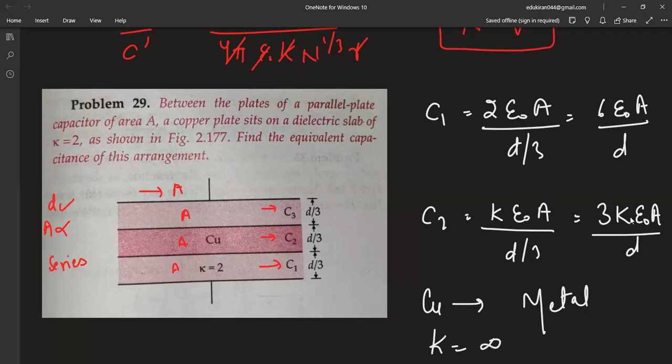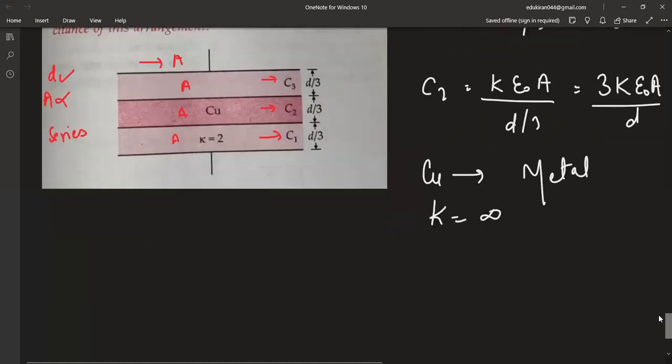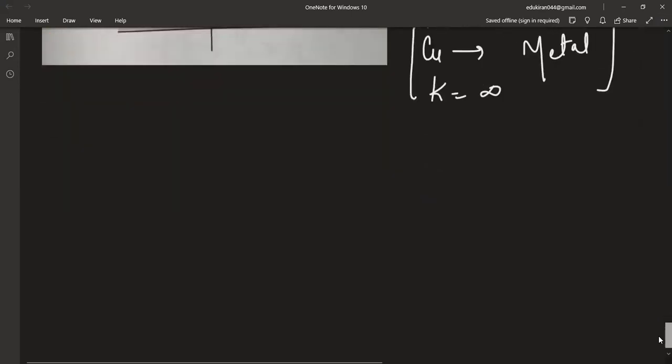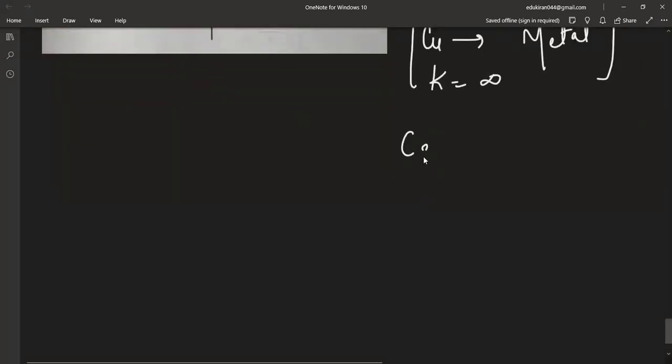Let's keep it like this, because we have to take the reciprocal, and for infinity the reciprocal becomes 0. Remember this: when we calculate the final one, this will be reciprocated, so that time this term will be 0. Okay, when we are talking about C3, C3 is epsilon naught A by D by 3.